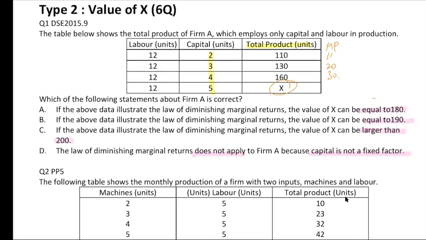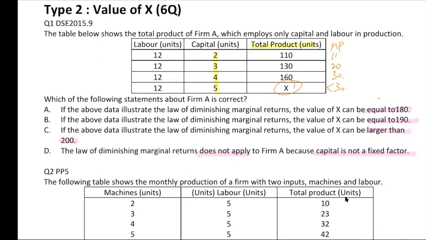Can it be 30? No, it cannot be 30, since it has to be less than 30. So it must be D. Must be C. It should be smaller than 30 for the marginal product.